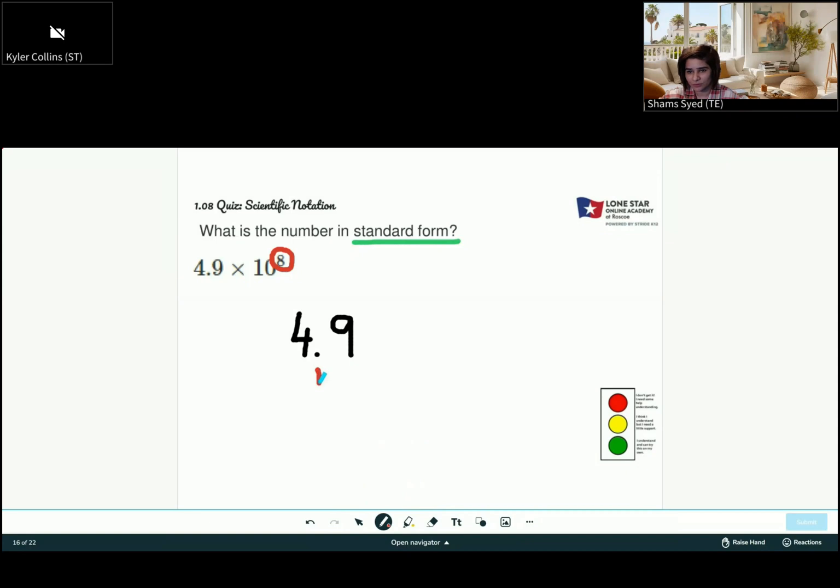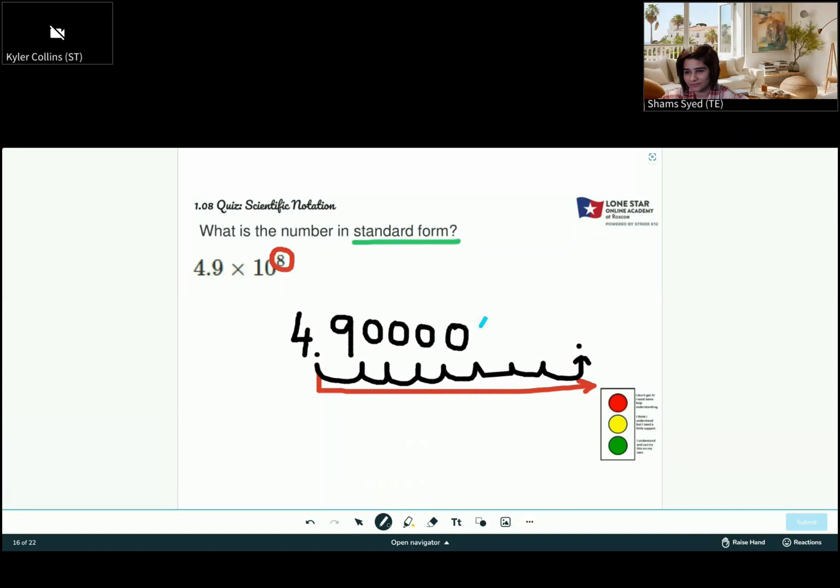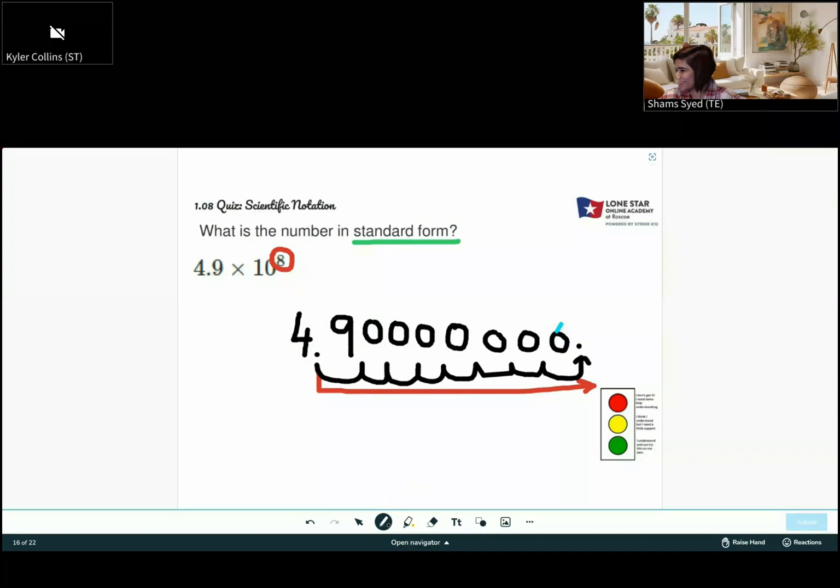We move the decimal to the right side, 8 spaces to the right side. So here we are, 1, 2, 3, 4, 5, 6, 7, and 8. Very good, Elizabeth. We fill in these with zeros, and we will rewrite it.